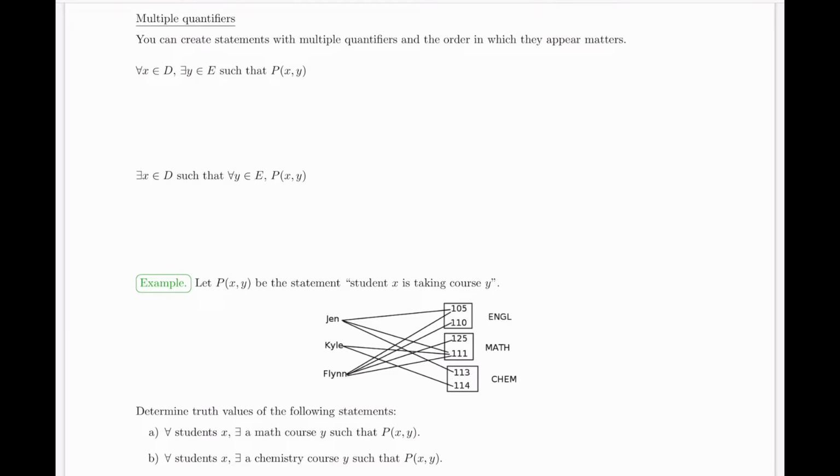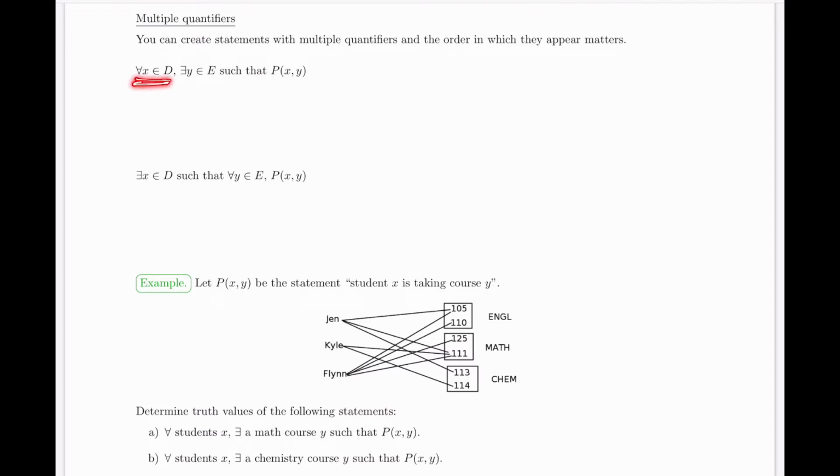So let's start with this first statement. For all x's in D, there exists a y in E such that some property holds. Notice that this property will depend on both x and y. We're going to think of that in terms of kind of like a game to play.